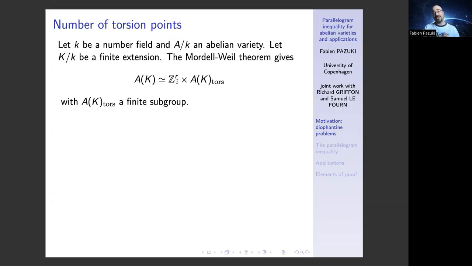And when you have both of these, you also need to compute generators for the quotient A(K) by A(K)_tors. So rank is hard, of course. It's the topic of the Birch and Swinnerton-Dyer conjecture, in Tate's version, in the high generality for abelian varieties over number fields. This is a big open problem.